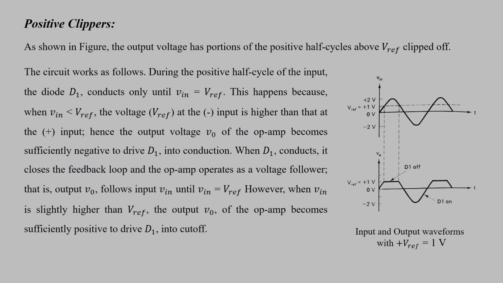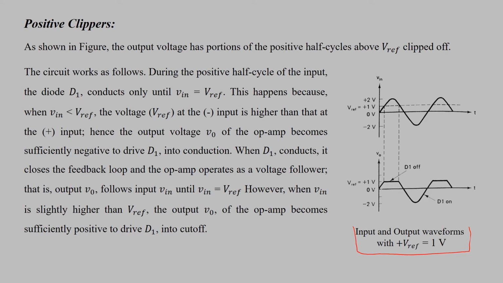The figure shows the input and output waveforms of the above circuit. You can see that the positive half cycle is clipped above the reference voltage. During the positive half cycle of input, the diode D1 conducts only until the input voltage is equal to the reference voltage.